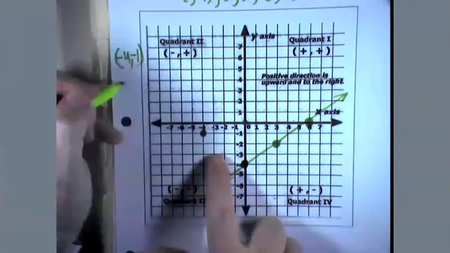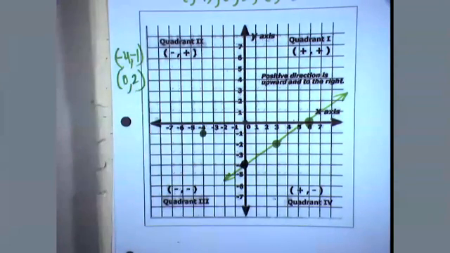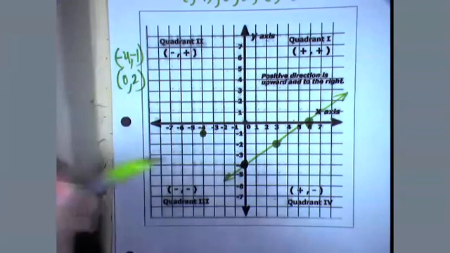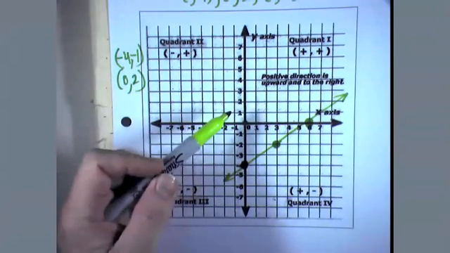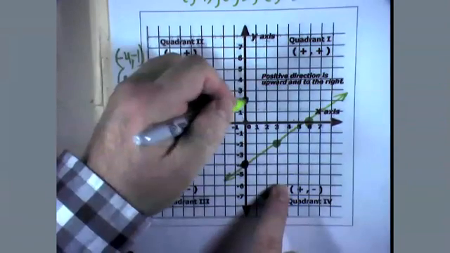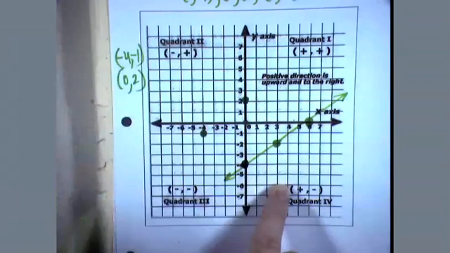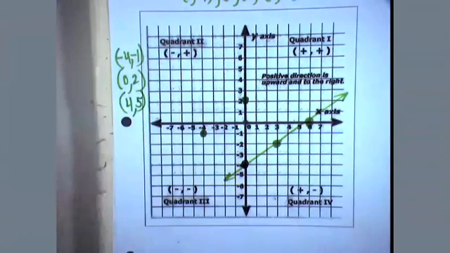The next ordered pair is (0, 2). And that just means we go up 2 spots. We don't go left or right because x is 0. And the last ordered pair to plot is (4, 5). That means we're going 4 blocks east and then 5 blocks north. And then we can plot our point.